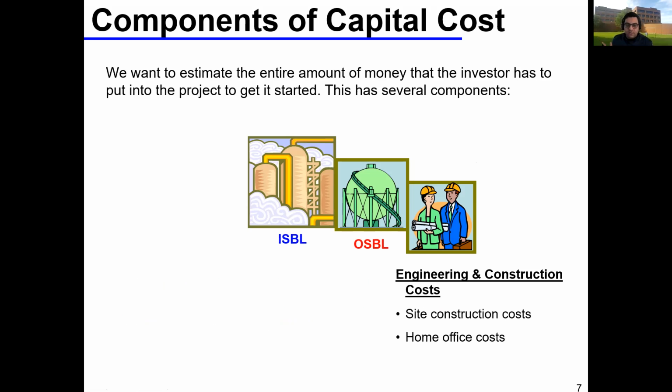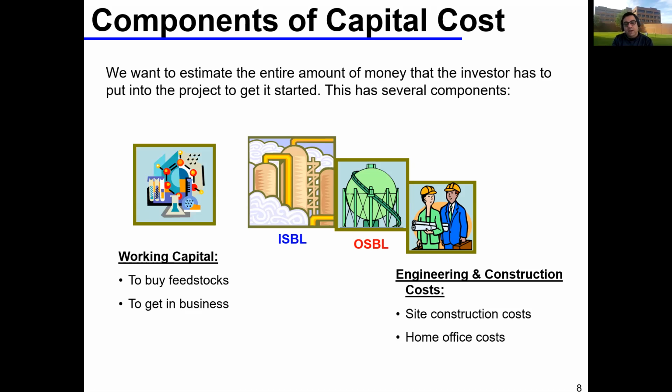Someone has to do all the designs initially, which is, if you're working on this, who's going to pay you to make all these designs? Who's going to pay the people to clean up the site, do all this stuff? This is an additional cost. And then you have your working capital, buy feedstock, get into business, all this stuff. These are all additional costs as well.